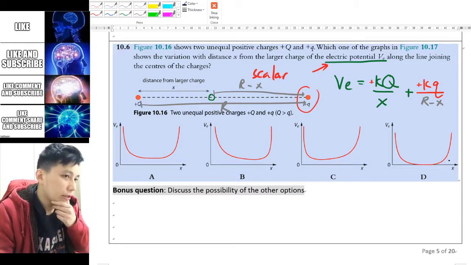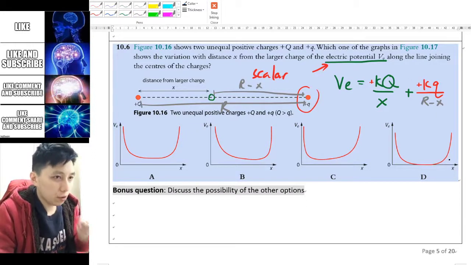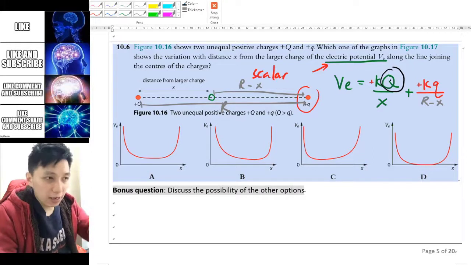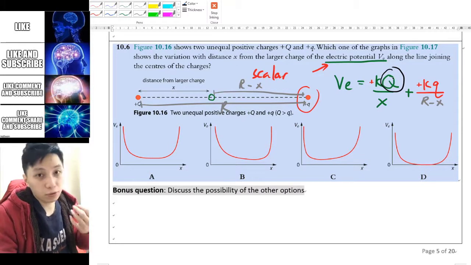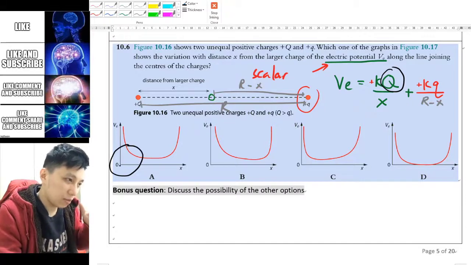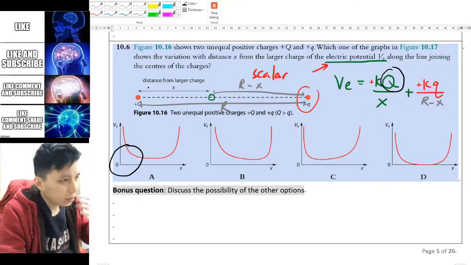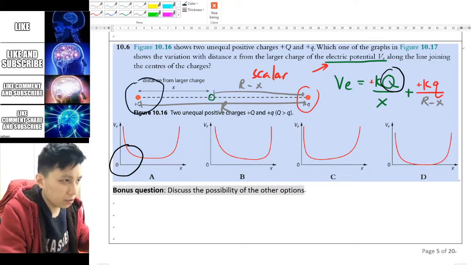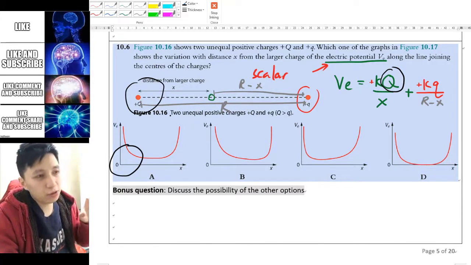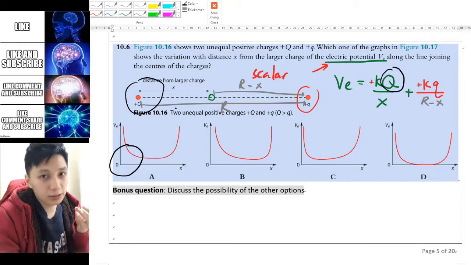However, I think even if you don't put this down, you should be able to know that, because when you look at this expression, when the charge is bigger, the value of the electric potential is also bigger. And when you are closer at the very beginning, from near to zero, that means the test charge is also near on the left hand side. So the big Q is going to give you a more significant effect.